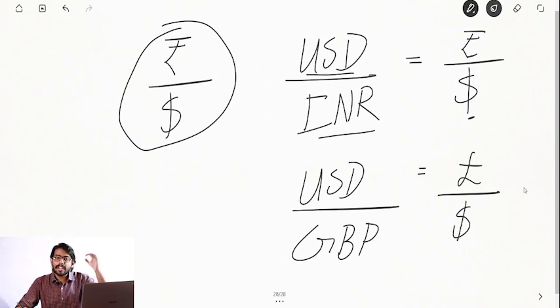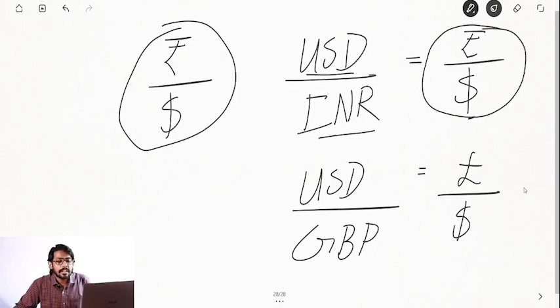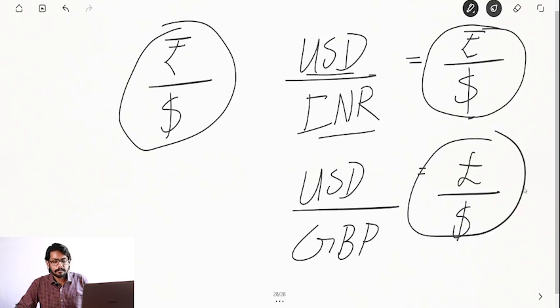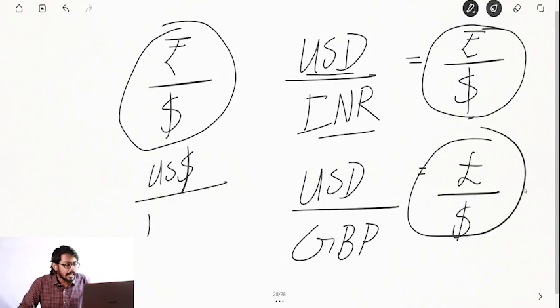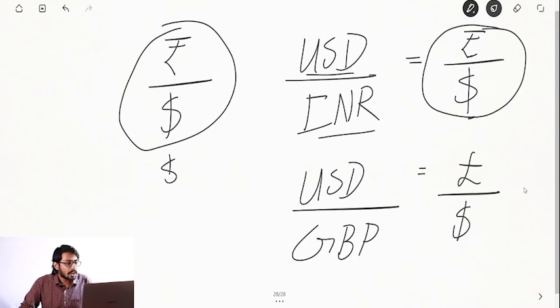In the majority of the questions that we do in class and that come for the exam, the currencies are given in symbols. If it is US dollar, then it is the same. If it says dollar by GBP, then also it's normal, it's the same.